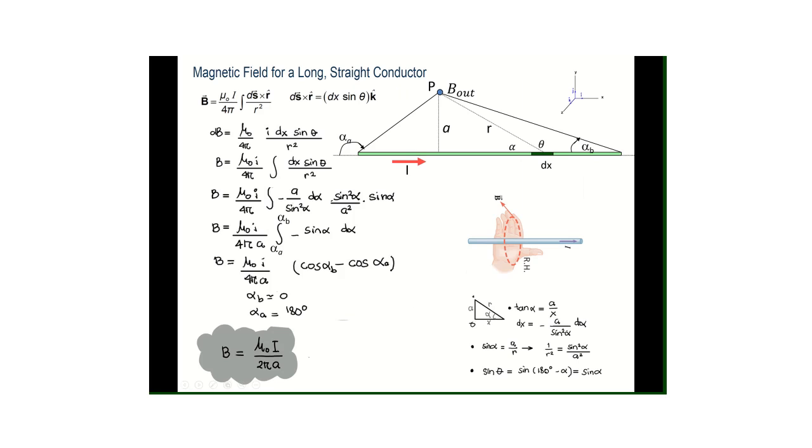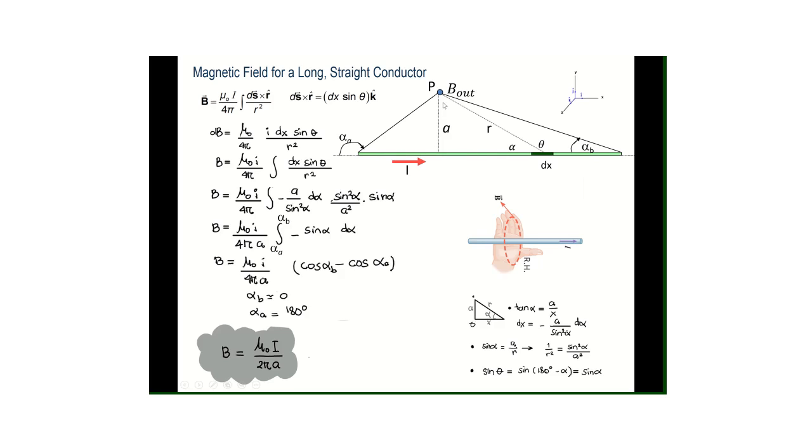Here I show you the first example how to find the magnetic field for a straight conducting wire. Let's say that I have straight conducting wire as shown in this green line, and we can see that the direction of the current of this conducting wire is to the right.